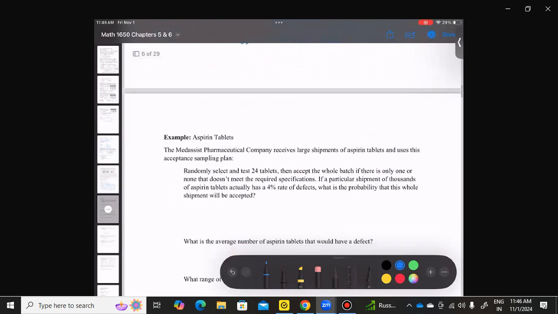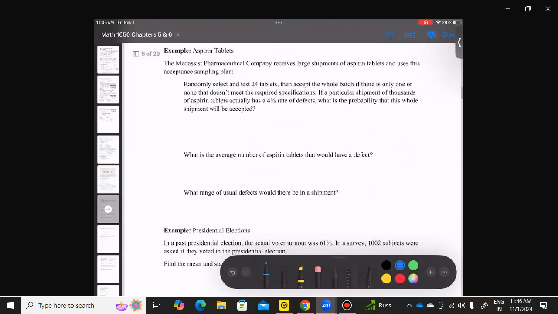Okay, so let's do another example. Pharmaceutical company receives large shipments of aspirin tablets and uses this acceptance sampling plan. They randomly select and test 24 tablets. Now, these tablets will be probably thrown out because they're being tested. So, no matter if they have a defect or not, they're not going to be given to the public.